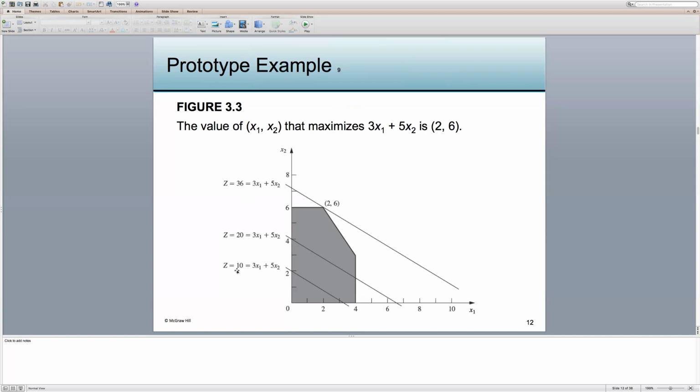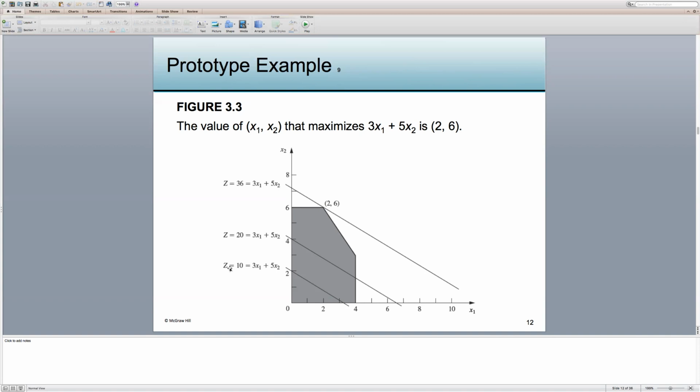For example, if Z were 10, the equation 10 equals 3x1 plus 5x2 is the equation of a straight line. This is a picture of the intersection of that straight line with the feasible region. For any point x1 and x2 that lies on this line, if you produce x1 batches of product 1 and x2 batches of product 2, your profit will be 10.